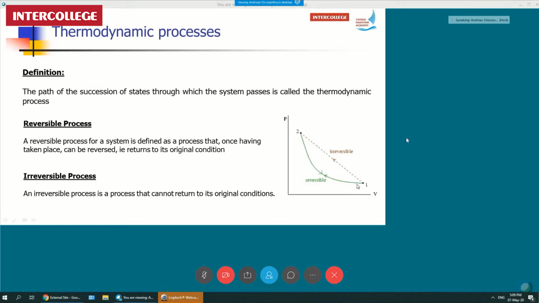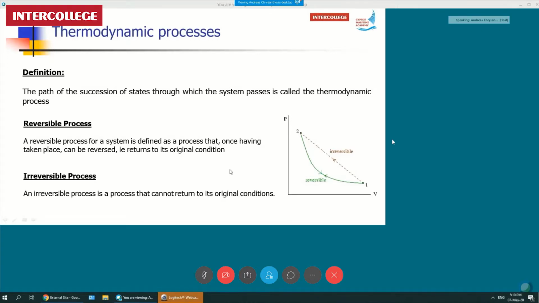A reversible process is a process which starts from one state, goes to another state, and then is able to come back again. It's like ice and water. Water turns into ice by removing heat, and then by adding heat, you can turn it back into water again. While an irreversible process is a process that cannot come back to its original state, and this is usually frictional losses and things like that.